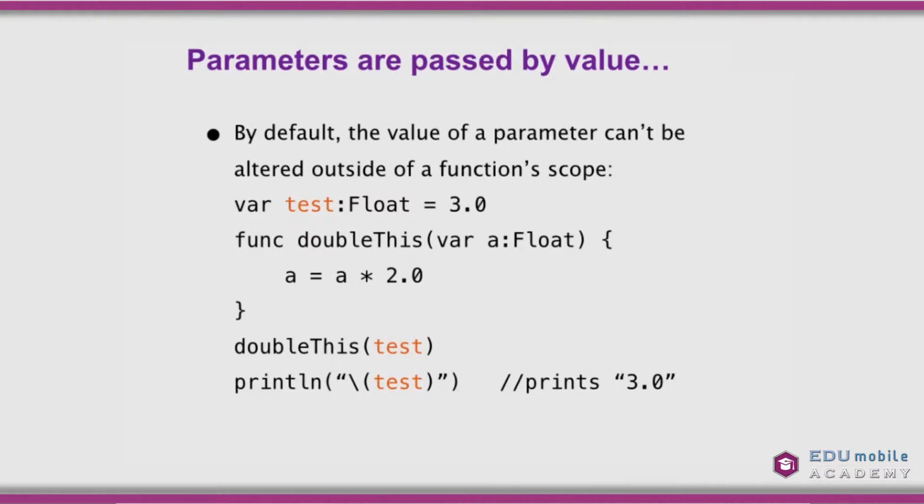Now if we call doubleThis on test, it will still print 3.0. So the parameter has been passed by value. Even though we used a var, it still prints 3.0.